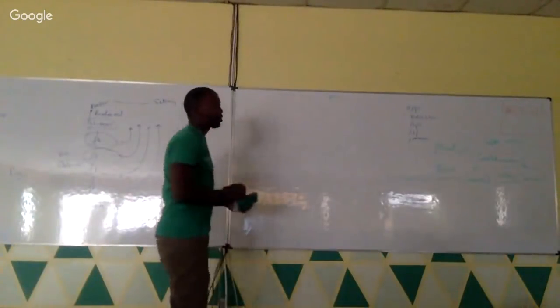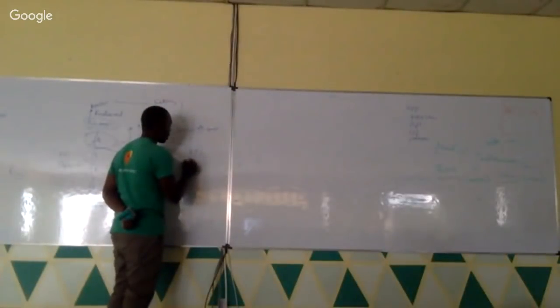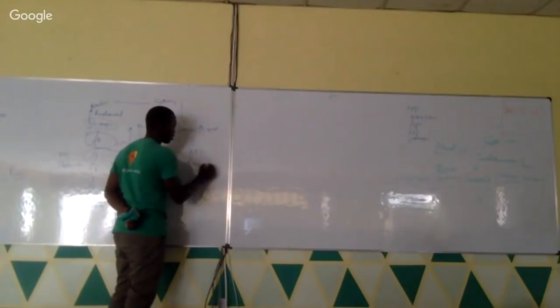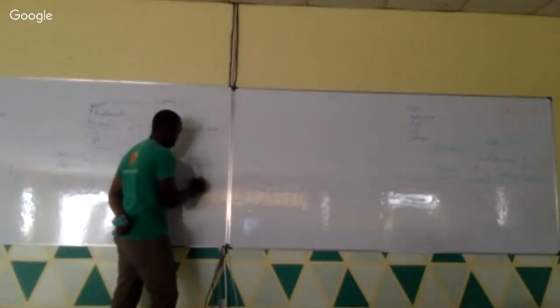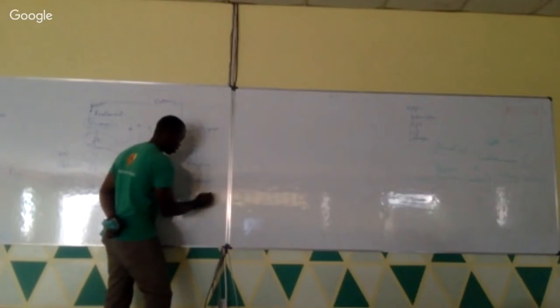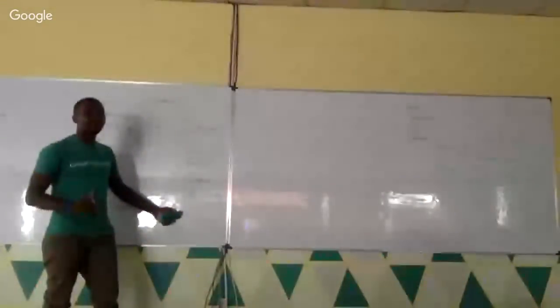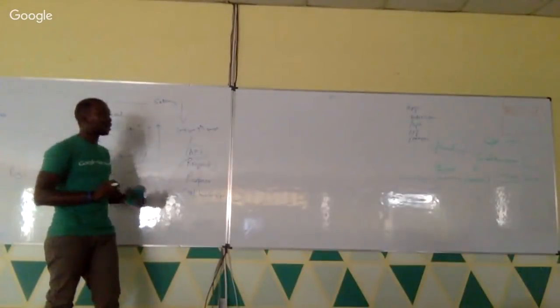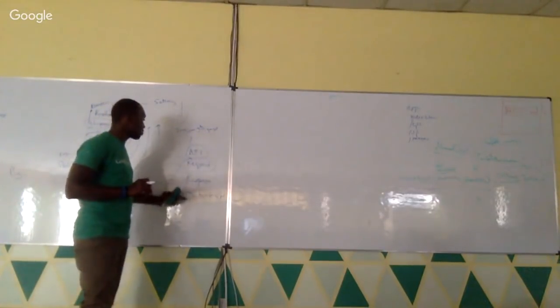One of the basic concepts we'll talk about today: we'll start with API, then request, then response, then callback URL. Please make sure you understand these basic concepts before the end of the day.